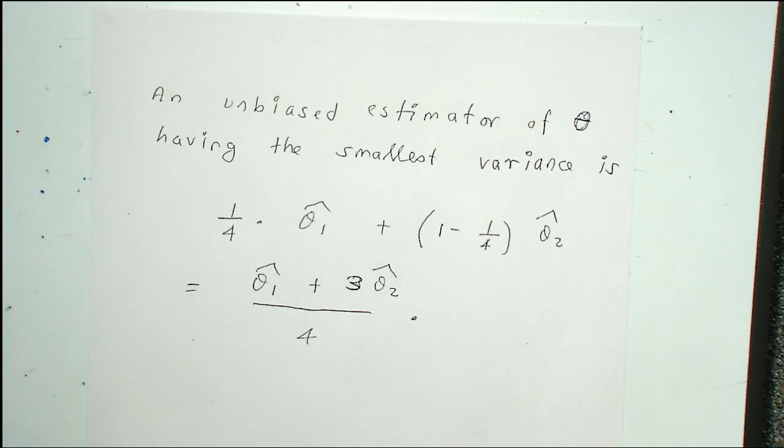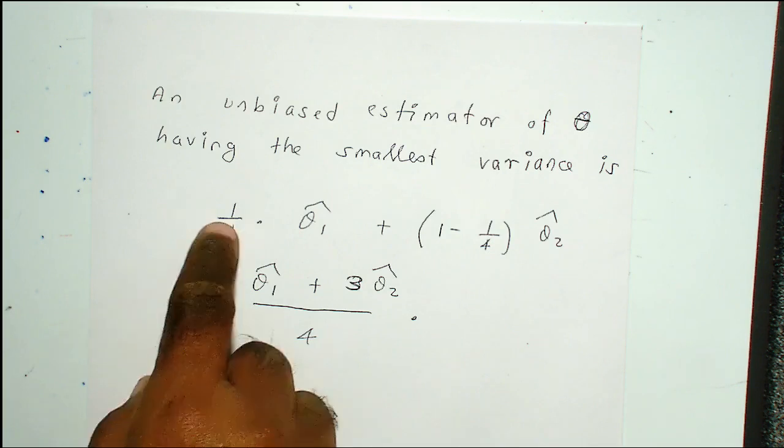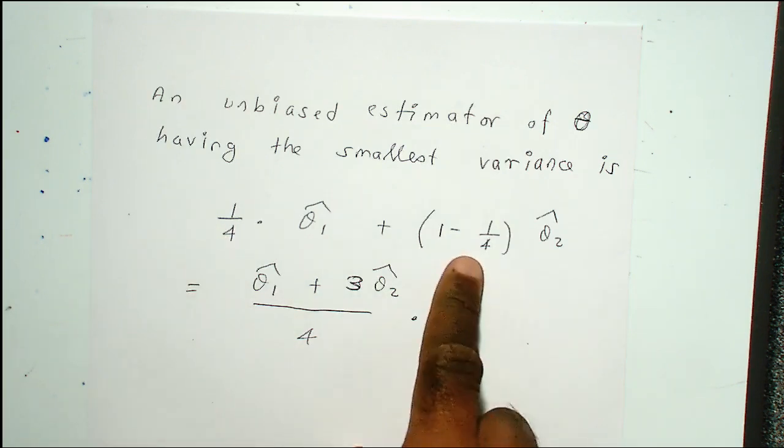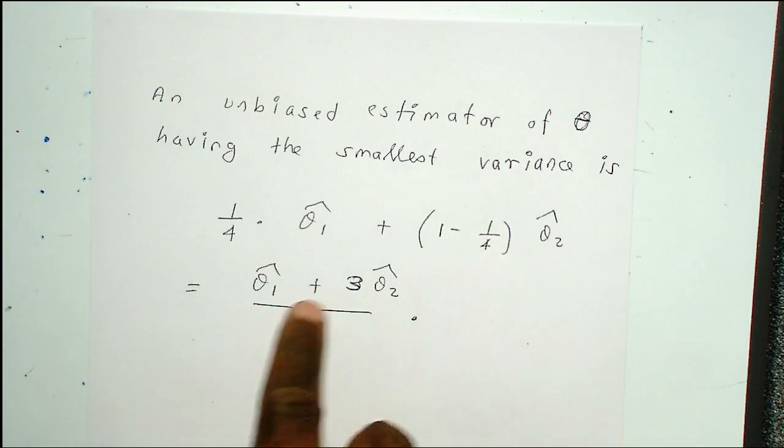So to answer the question, an unbiased estimator of theta that has the smallest variance must be equal to this. So A1 is a quarter, so A2 must be 1 minus a quarter. So it's equal to this.